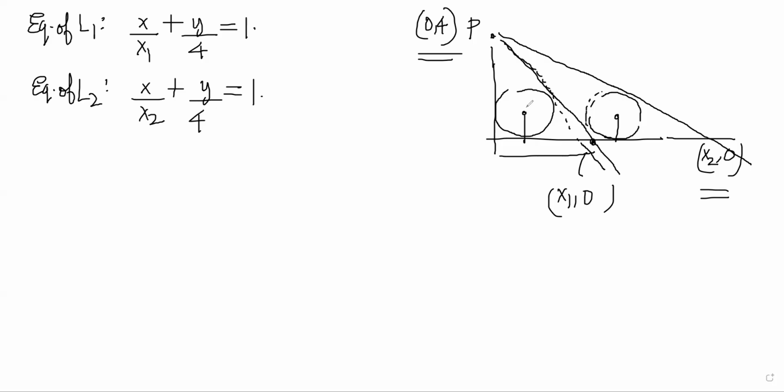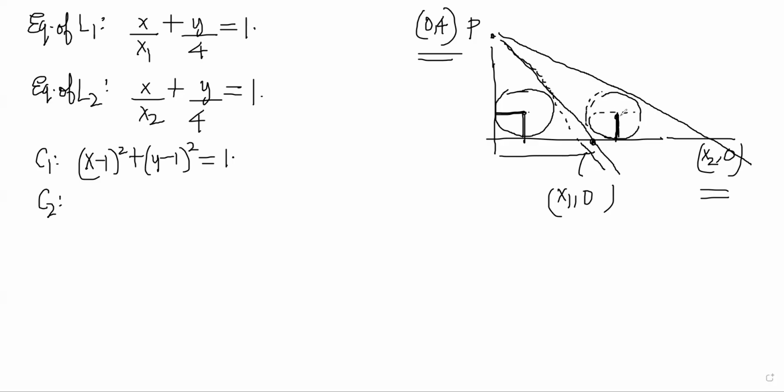Now, remember, because this circle touches both the coordinate axes, the radius of the circle is 1. The center of the circle is also known. Circle 1 is (x minus 1) whole square plus (y minus 1) whole square equals 1. Circle 2, we don't know the center completely, but we know that this is 1 and this is a radius.